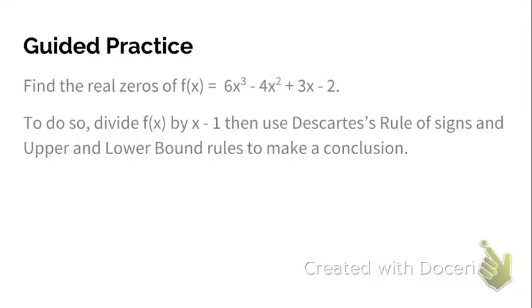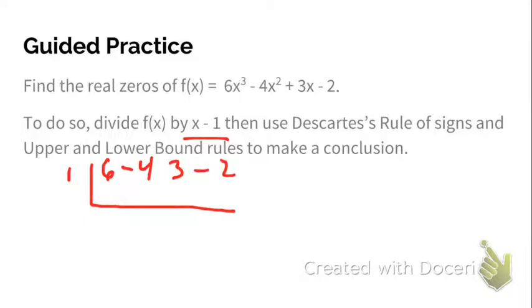So let's try it. Find the real zeros of 6x cubed minus 4x squared plus 3x minus 2. Let's divide by x minus 1 and then see what Descartes' Rule of Signs tells us. Let's try 1. We're going to put a 6, negative 4, 3, and negative 2 right there.